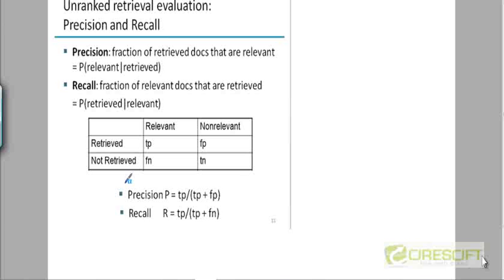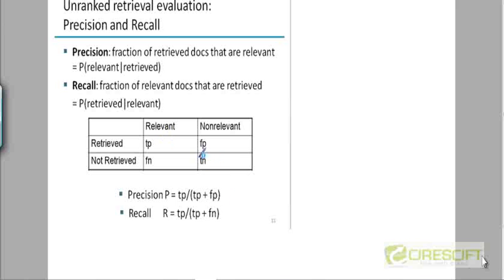So you have all four possible combinations. It's possible that a document could be relevant to the query and also retrieved. That is called a true positive. A true positive is a case where you actually have a relevant document and your search system is also fetching it.